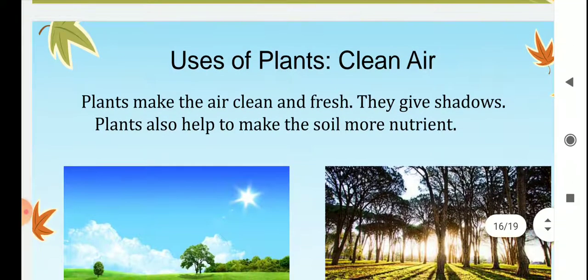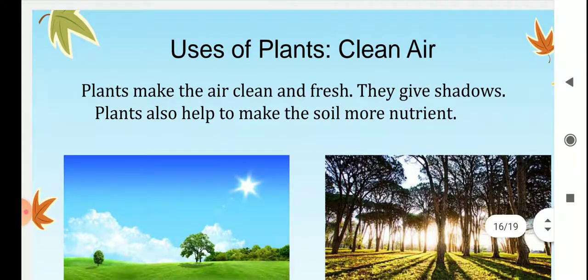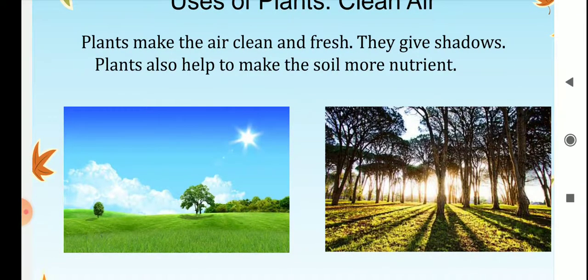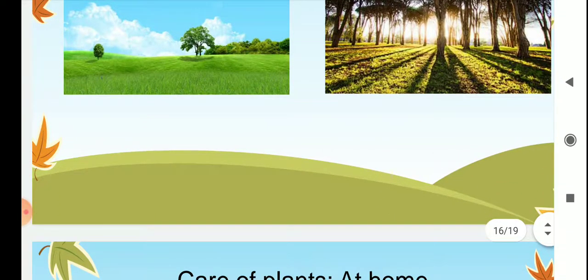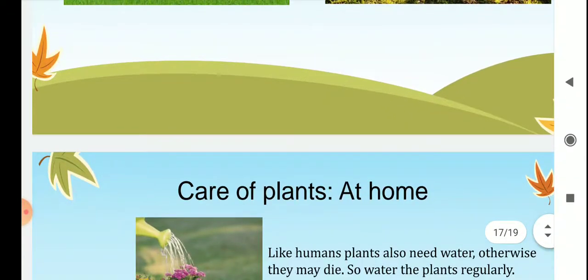Now to keep the air clean, yes, all the trees help by producing oxygen and absorbing carbon dioxide. Definitely they help us by giving fresh oxygen.